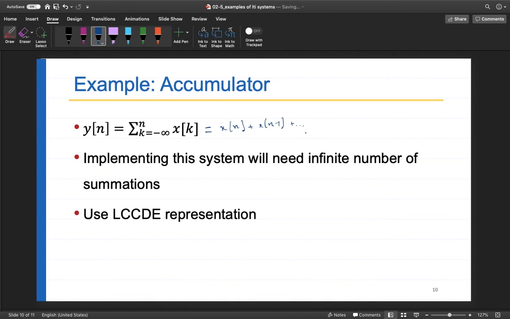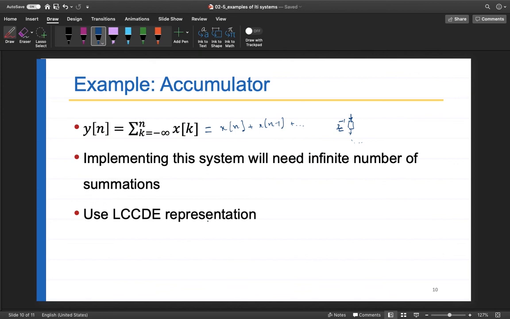If you want to implement this system, it will need an infinite number of summations. The number of delay functions you need will be enormously large, and you don't know how many you need, because as n is increasing, you have more and more values to save. So it is practically not possible to implement such a system.